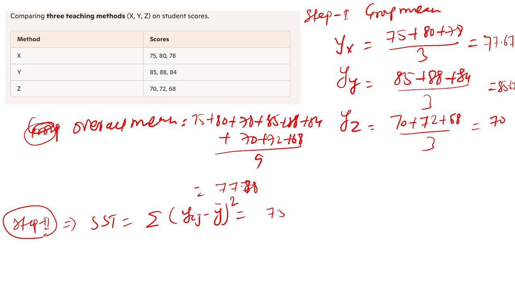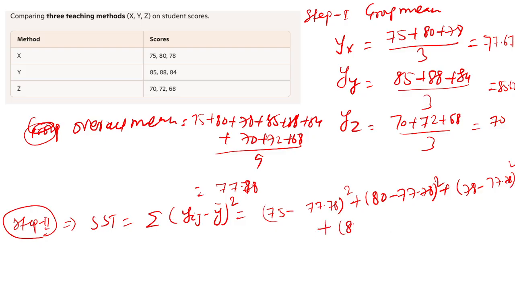So 75 minus 77.78 whole square, 80 minus 77.78 whole square, and 78 minus 77.78 whole square, plus 85 minus 77.78 whole square.